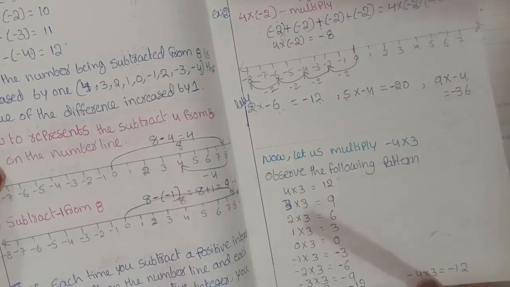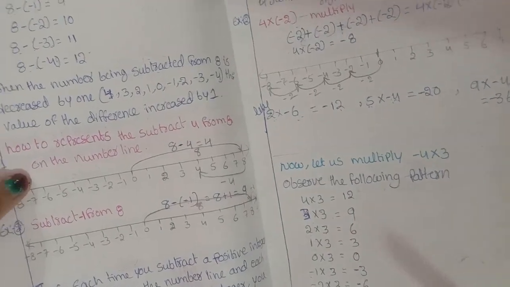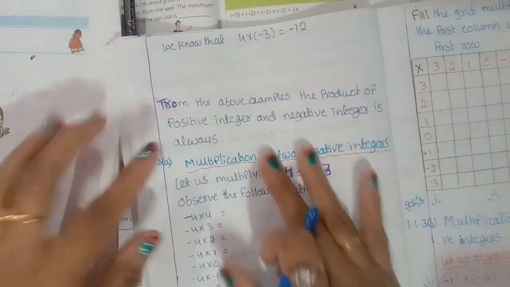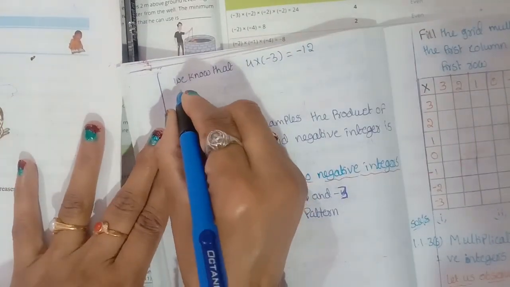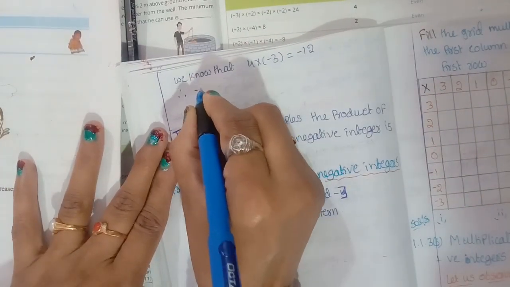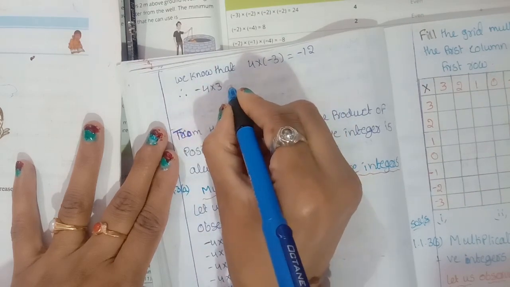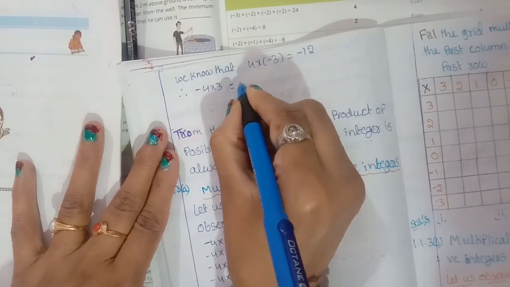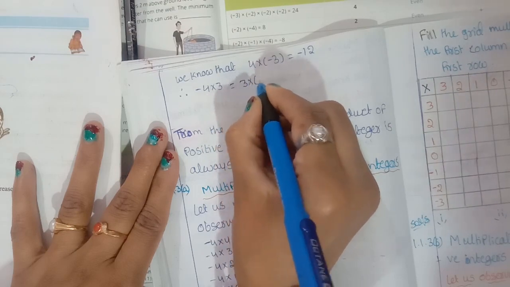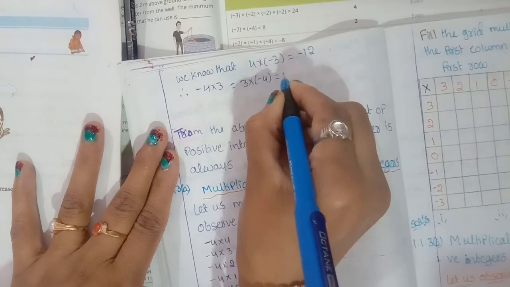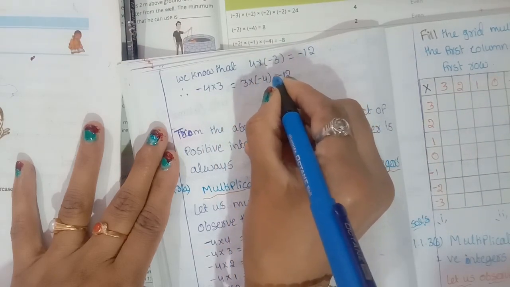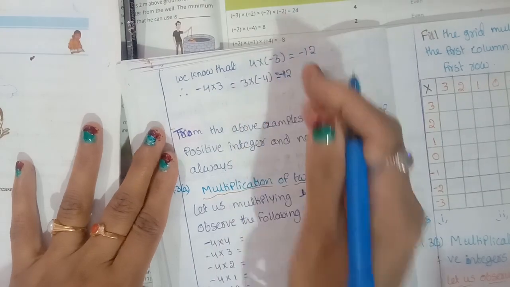Both are equal. Therefore -4 cross 3 equals 3 cross -4. Both are -12 only. Okay, Gagan, are you understood?